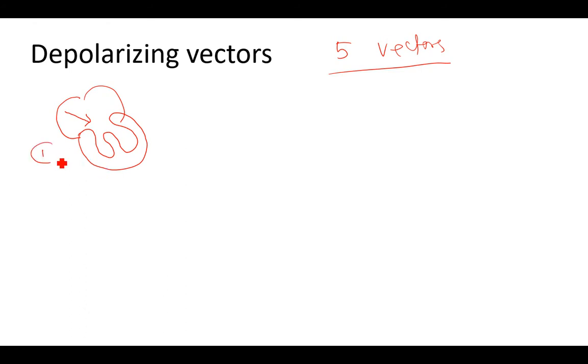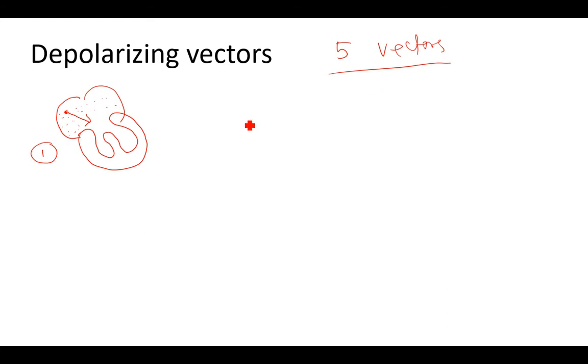So the whole of the atria is depolarized by the first vector. Basically, the spread of action potential from SA node is through all directions, but the sum of all this passing electricity is vector number 1, right?